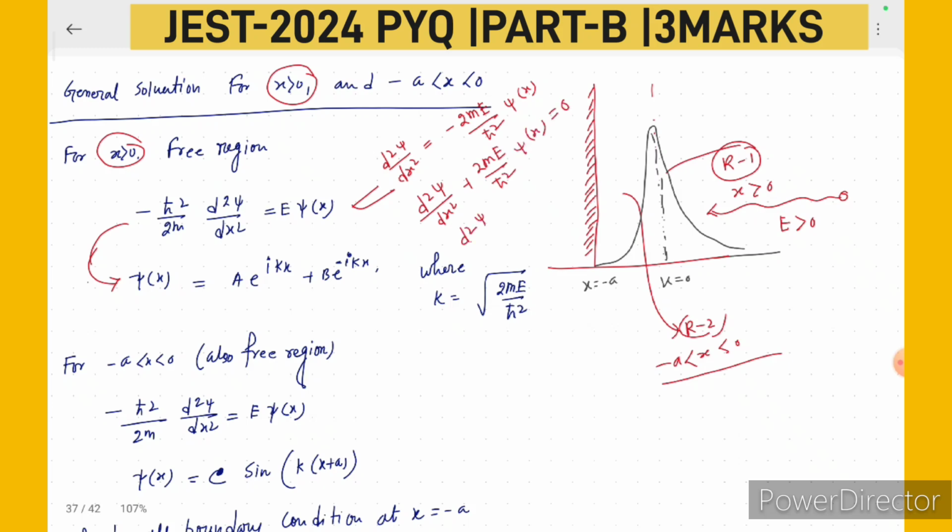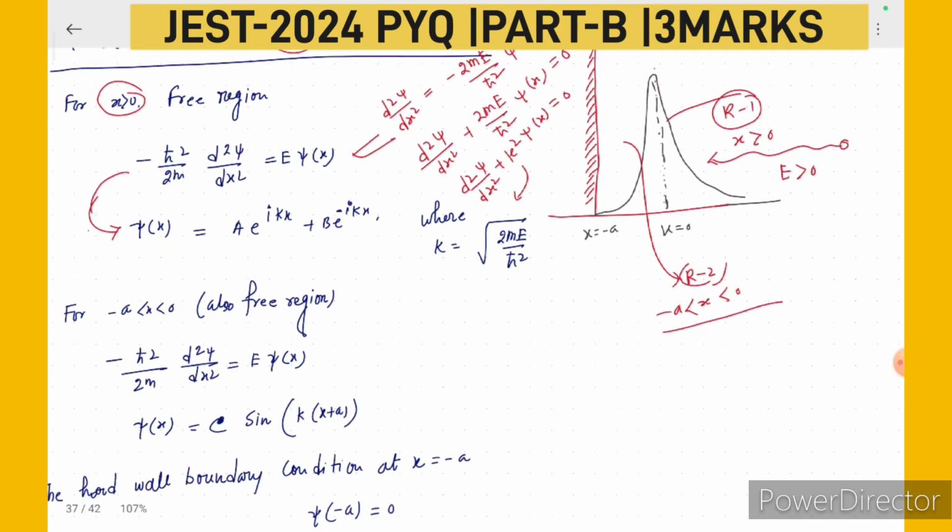So d2 psi upon dx squared plus k squared psi of x equals 0, where k squared is 2mE upon h-bar squared. And when we find the solution of this equation, we get psi of x equals A e to the power ikx plus B e to the power minus ikx.